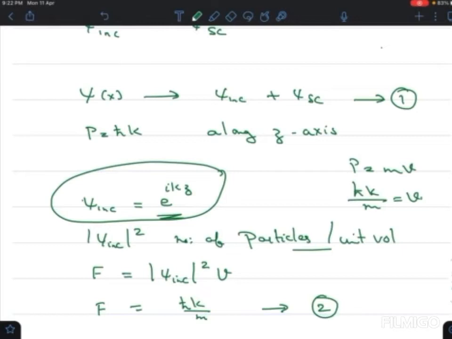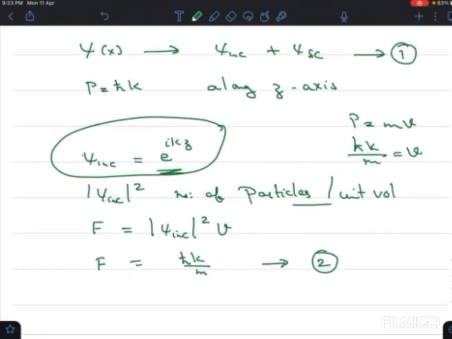So the number of particles hitting per unit area per unit time is the flux. It also depends on the velocity. If the velocity is low, the flux will be smaller, and if it is high, the flux will be larger. So we have F is equal to h cross k by m.